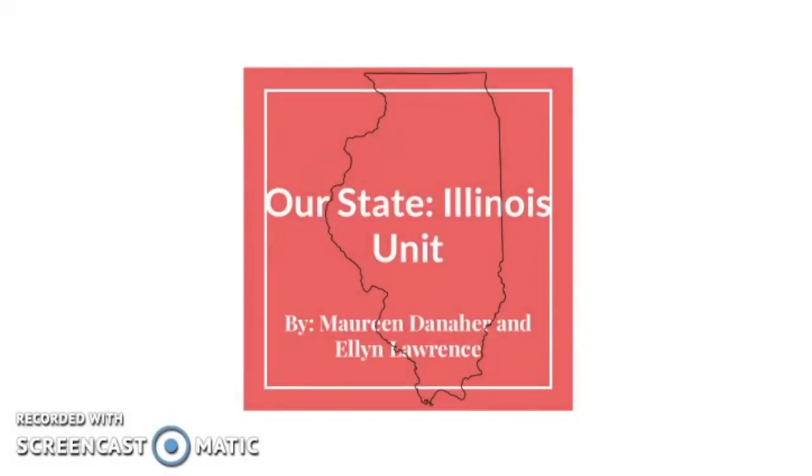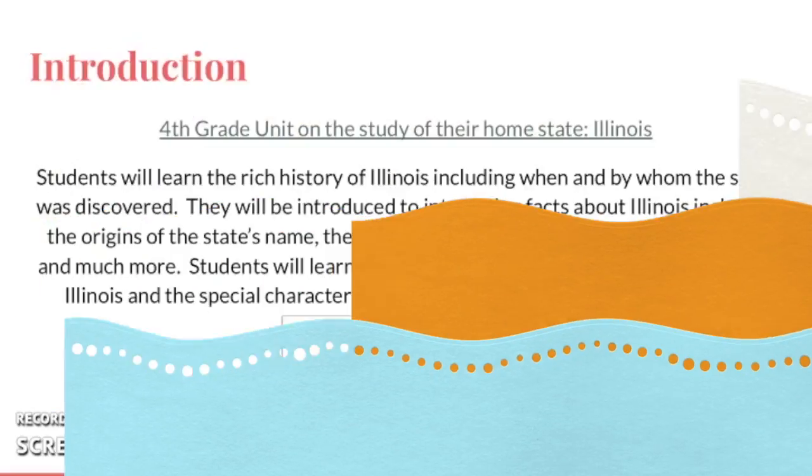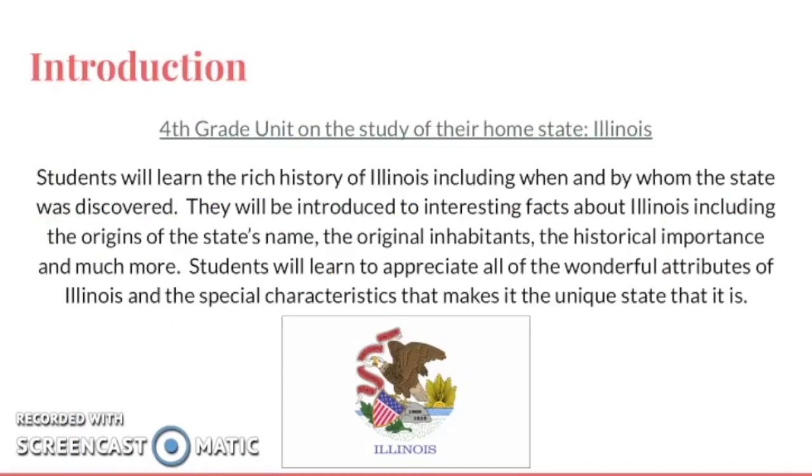This is a social studies unit made for fourth grade students, all about our state, Illinois, by Maureen Danaher and Ellen Lawrence. This unit is designed for fourth graders, focusing on social studies. They will learn about the history of Illinois, who and when it was discovered.